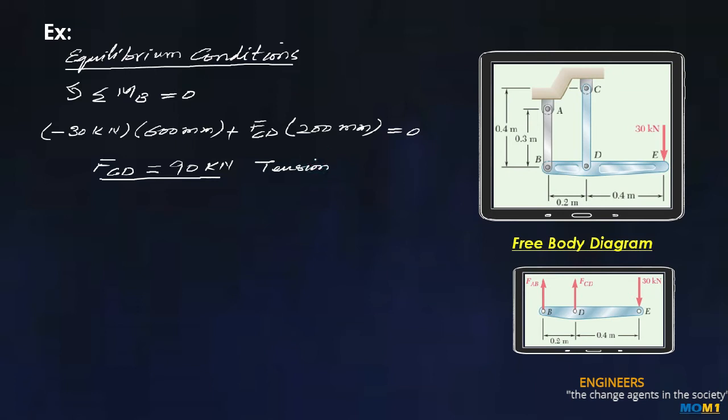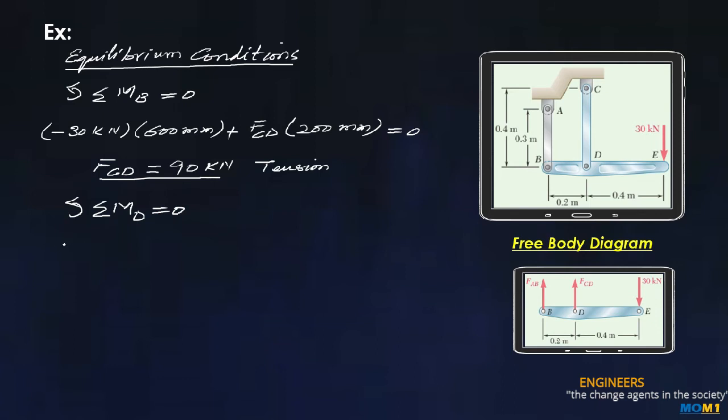Now to calculate the force in link AB, summation of moment at D equals 0.